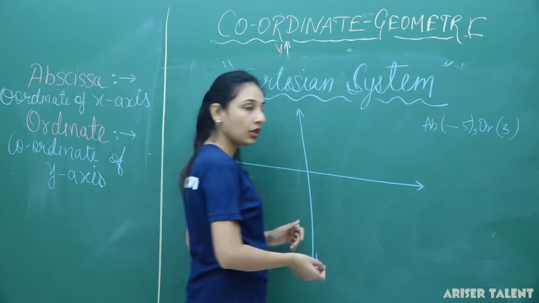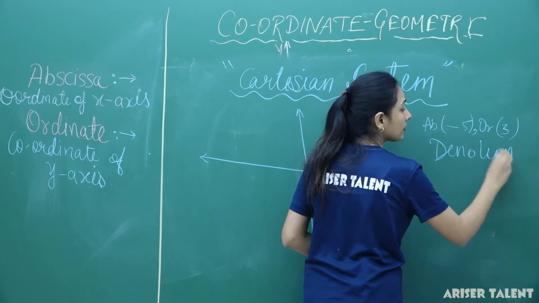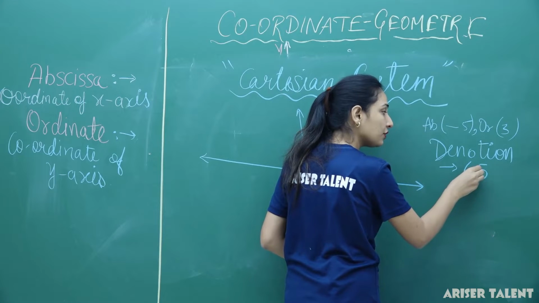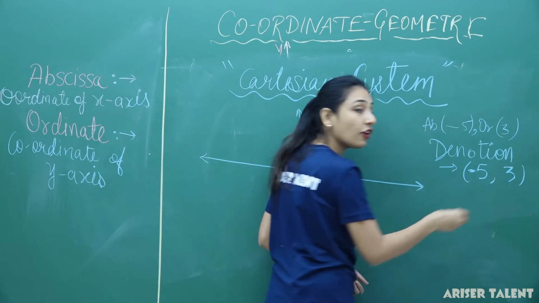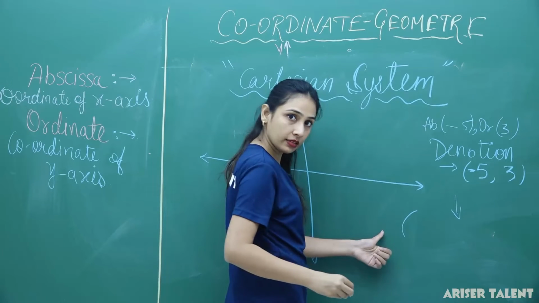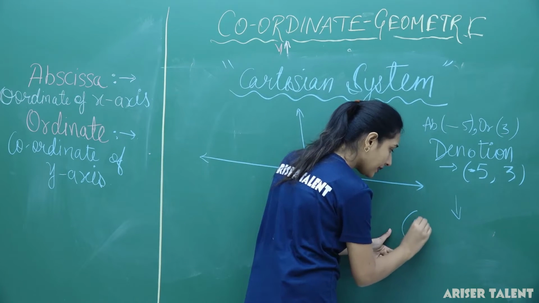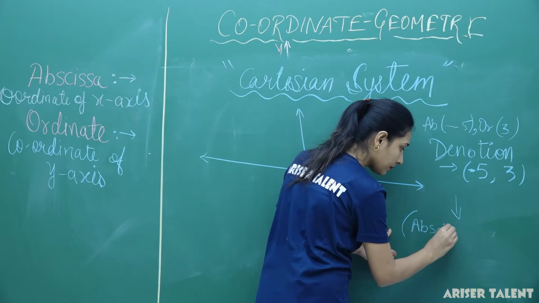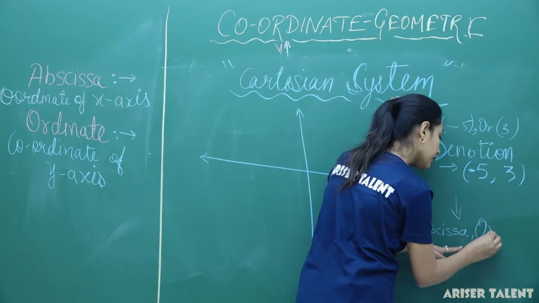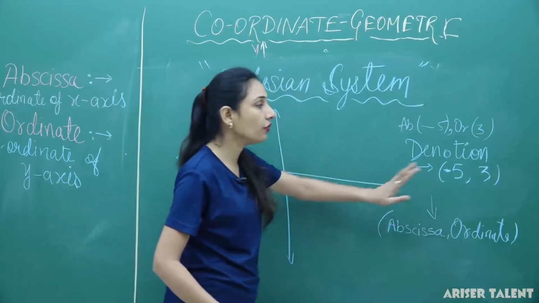The denotation is simply (-5, 3), because the denotation is basically a bracket start, then the abscissa, comma, then the ordinate, and then the bracket close. So we will write it like this.